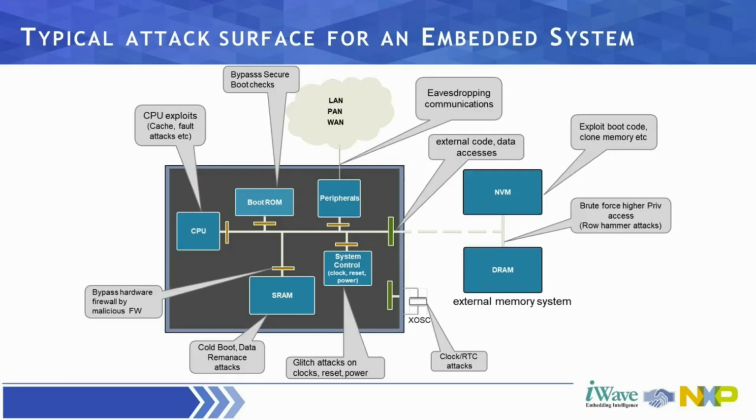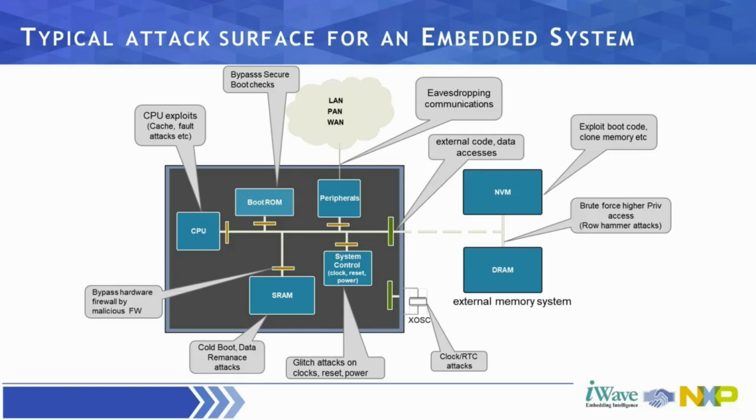So if you look at an embedded system, the typical attacks are shown here. I will not go over everything, but basically the main concern is bypassing the boot security checks, eavesdropping on the communications, external code data access, so DDR eavesdropping or clone or tampering of the DDR.